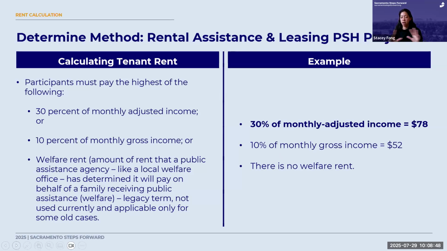Again, this applies to our PSH programs. And on the right here, you'll see an example of how we're choosing the highest rent of the three. We'll go into how the tool actually does that. Next slide.